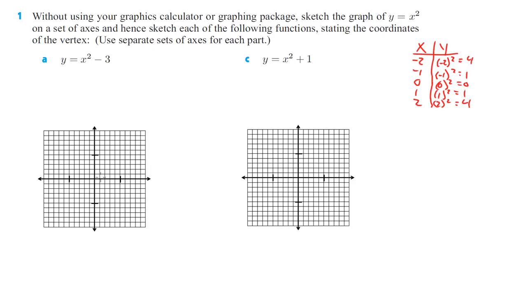So we've got the points (-2, 4), (-1, 1), (0, 0), (1, 1), and (2, 4).